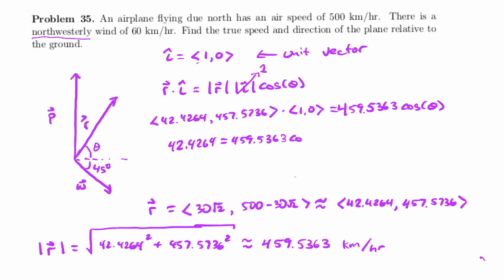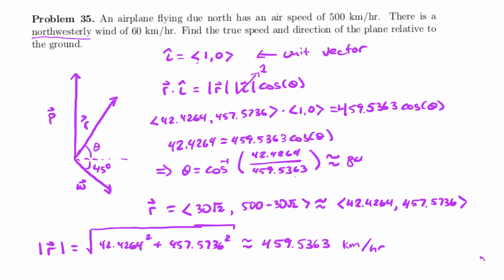Equal to 459.5363 times the cosine of our angle theta, or really, theta is going to be the arc cosine of 42.4264 divided by 459.5363, giving us an angle of approximately 84.70 degrees.